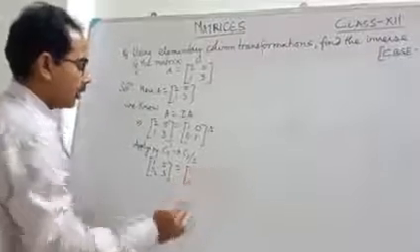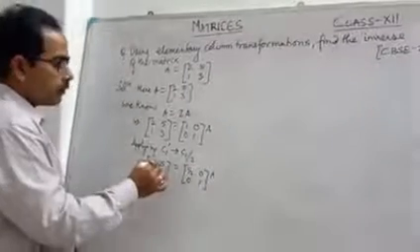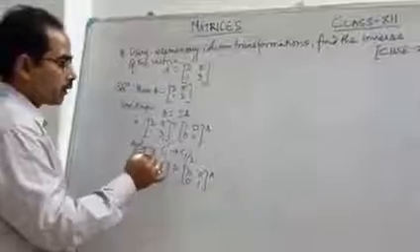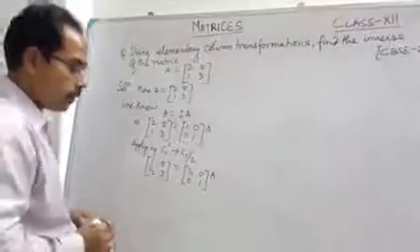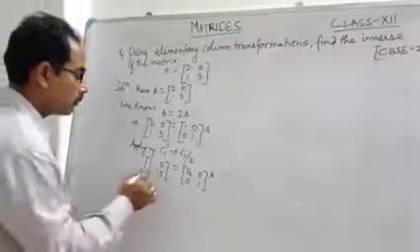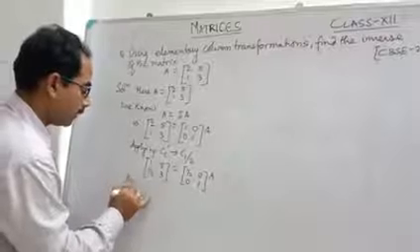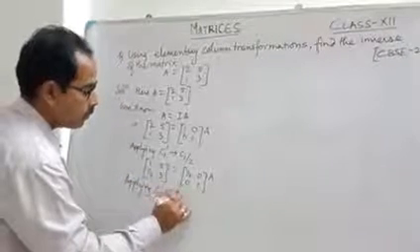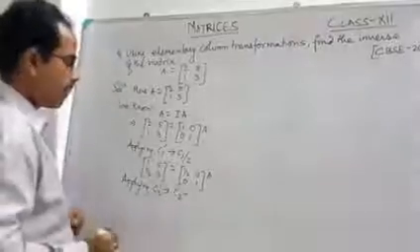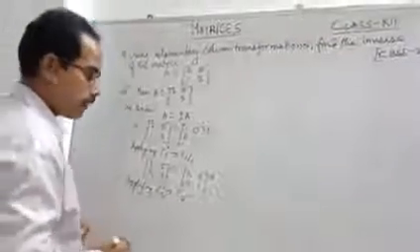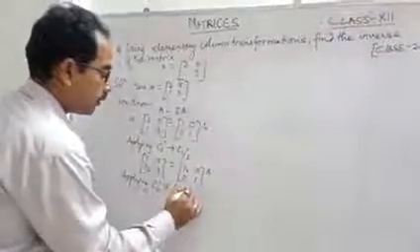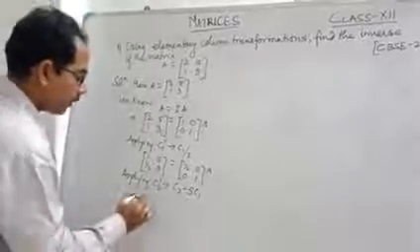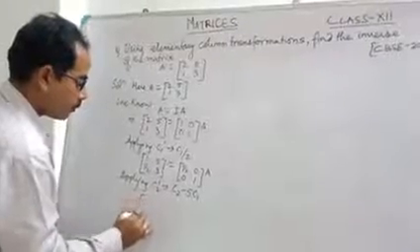Okay students. Now this one 5, this one we have to make 0. So first of all, applying C2 prime tends to C2 minus 5C1. Then what will it be? Automatically here 1, 1 by 2, no change.